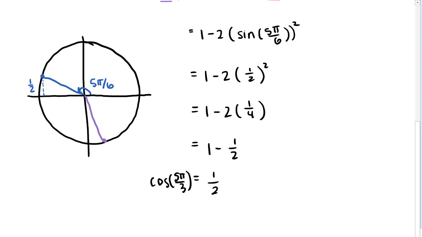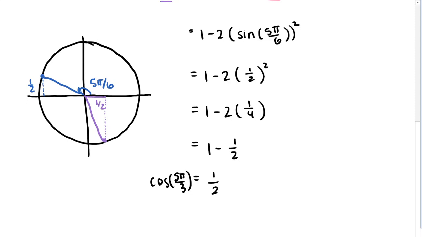So 5 pi over 3 is 60 degrees shy of the full 2 pi rotation around our circle. So this is a 30, 60, 90 triangle. And cosine is the x-coordinate of this point on the unit circle, and that's exactly 1/2, like we expected and like we've produced here with this double angle identity.